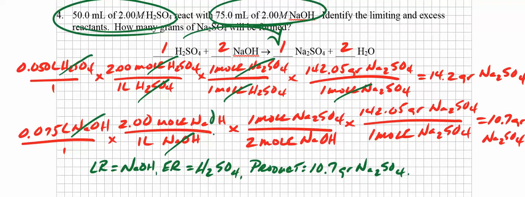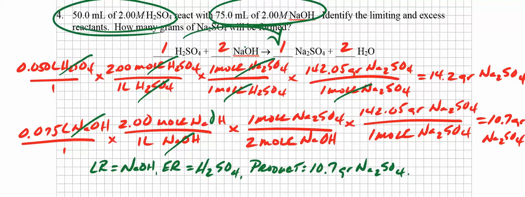Sodium hydroxide. So now I'm going to do a mole-to-mole bridge. My mole-to-mole bridge is a 1 to 2 relationship. 1 mole of sodium sulfate is produced by 2 moles of sodium hydroxide.